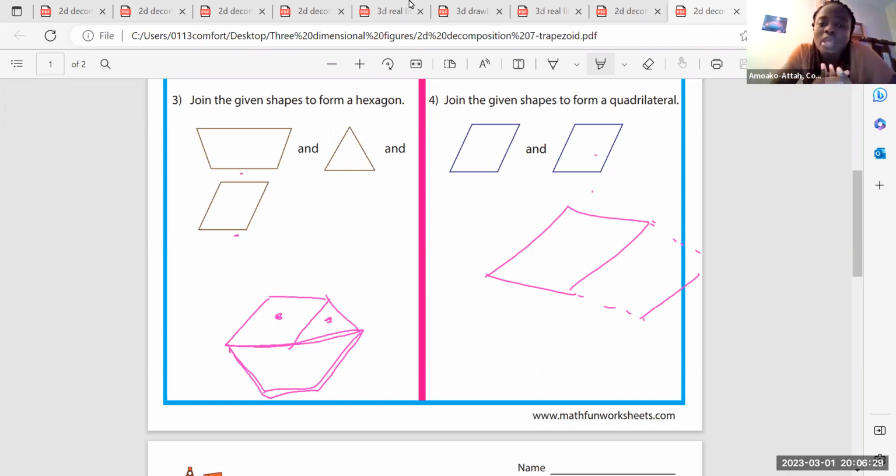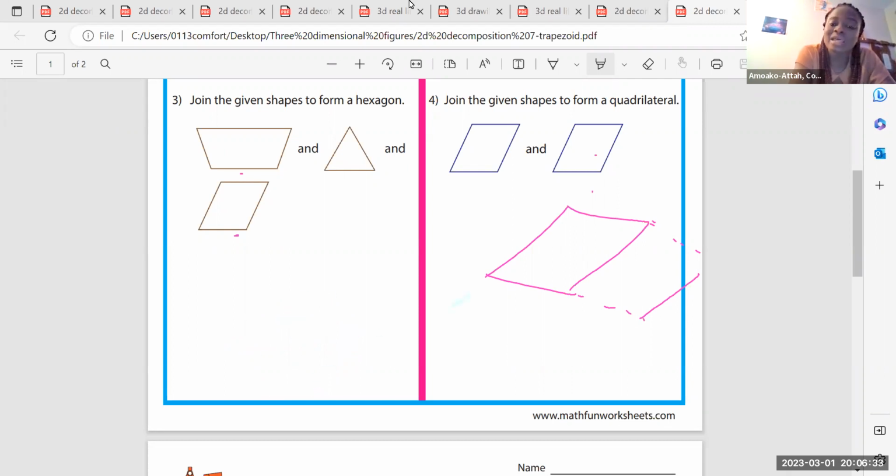That is how we can join the various shapes to form complex shapes. So we are joining the basic shapes to form complex shapes.